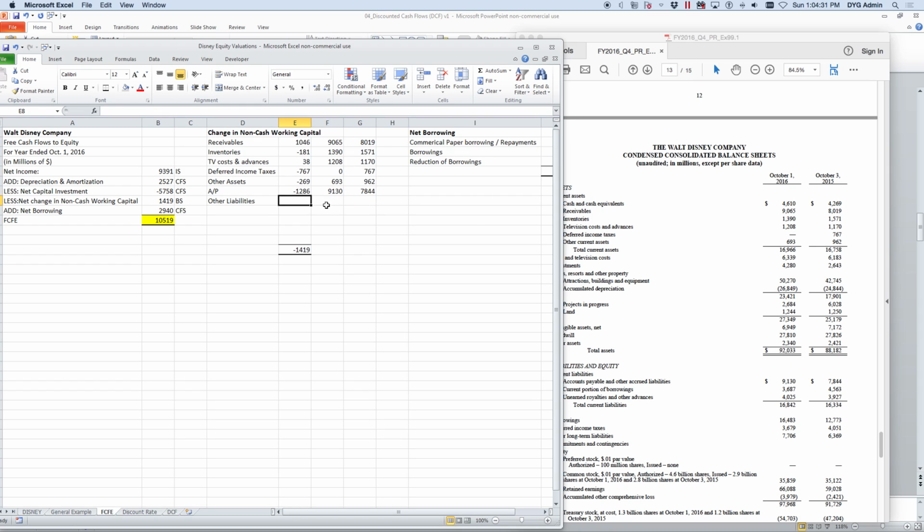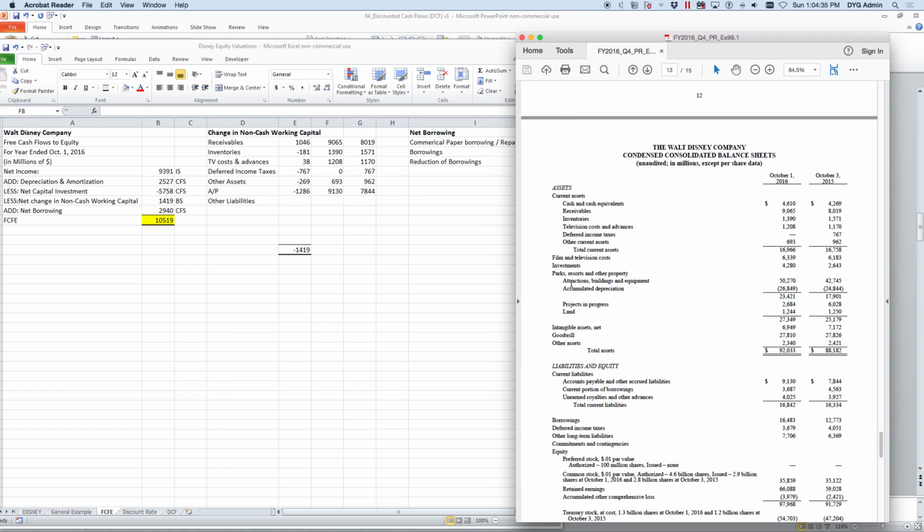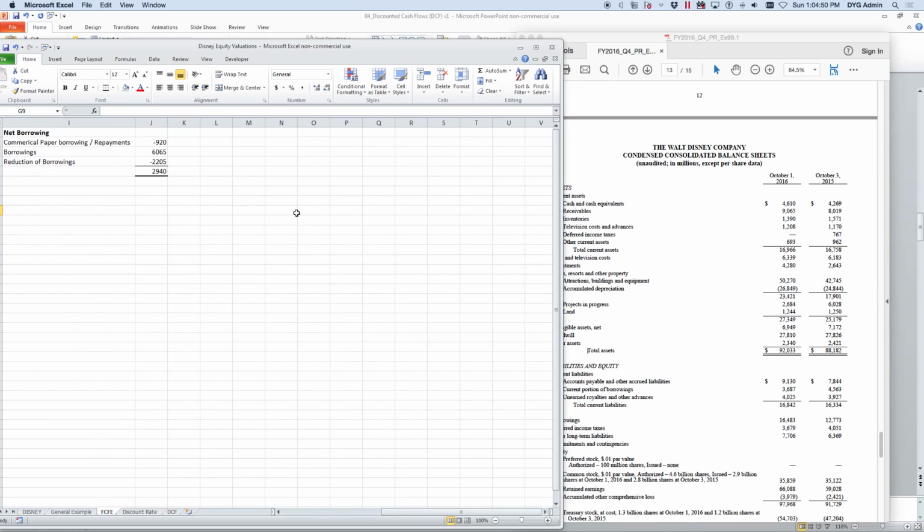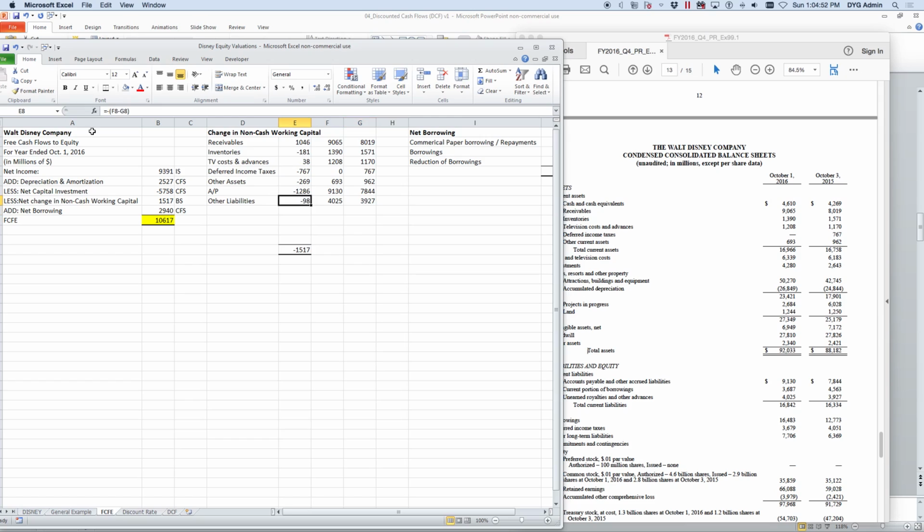Other liabilities, so if you look at this again, 4025, 3927, and make sure it changed it right. Yeah, so that's a negative.